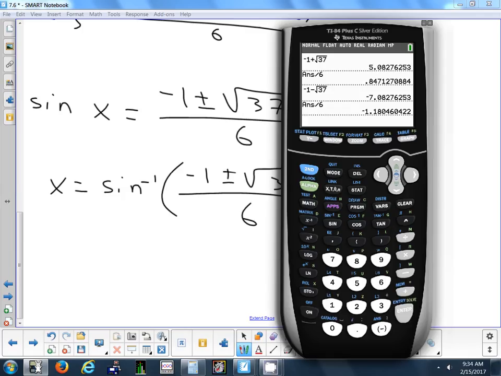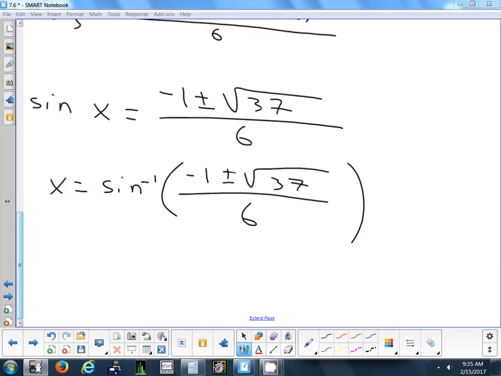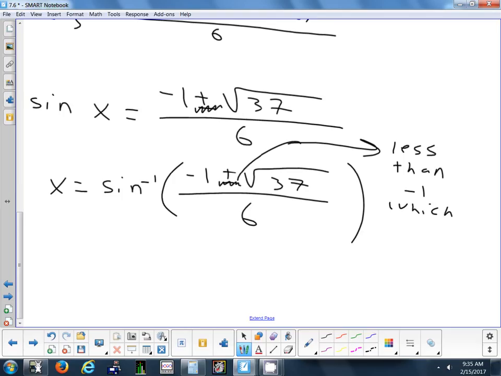No, because if you try to take inverse sine of -1.18, you're going to get no solution. So you don't have to worry about the minus. And I'll just put that it's less than -1, which means no solution. So don't do the minus.